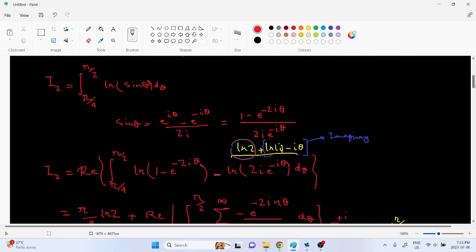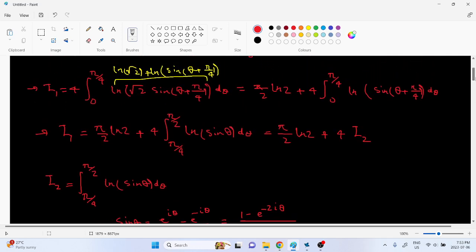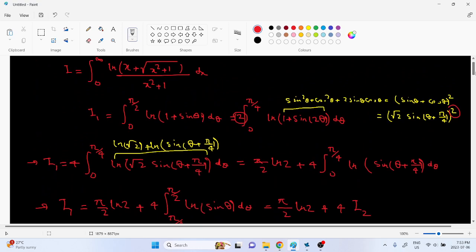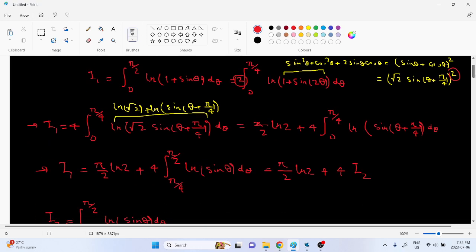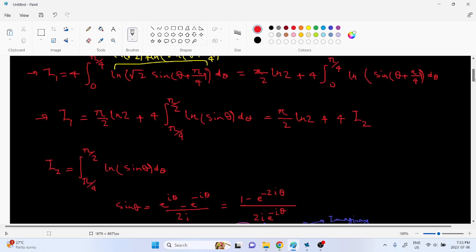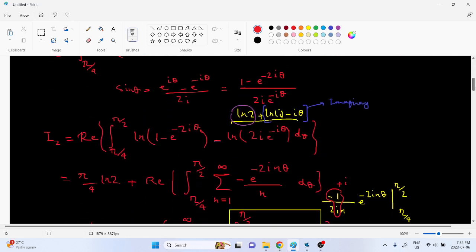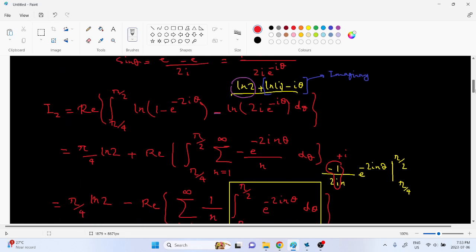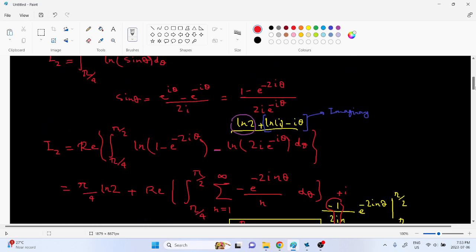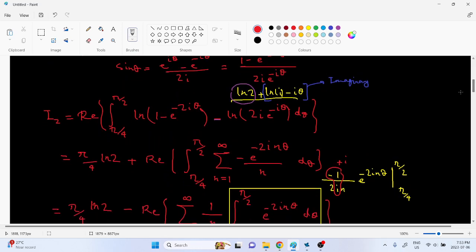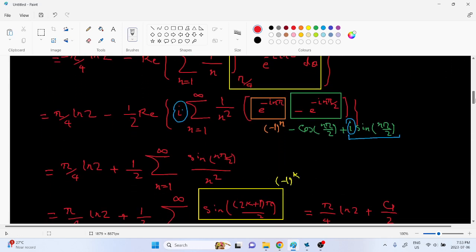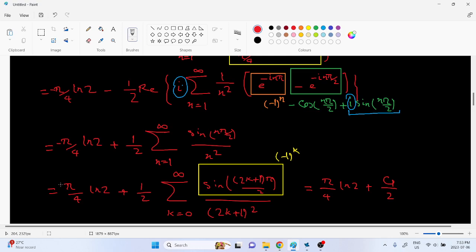And I must be missing a negative term somewhere for sure. Okay, it's pi by 2, pi by 4, natural log of 2. Aha, I found it. That ln of 2 comes out with a negative sign, so I should have that negative sign all along the way to this very last result.